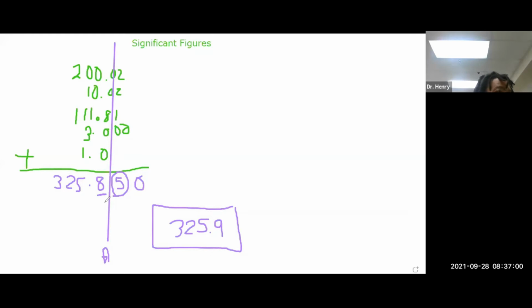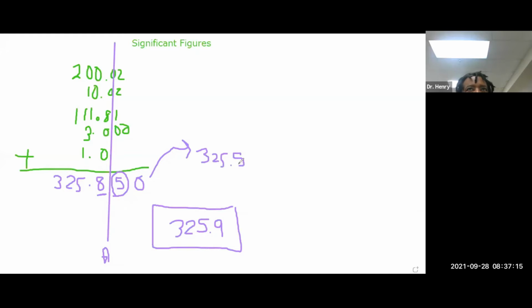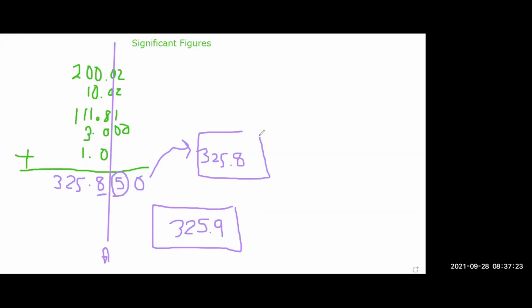You would leave it alone. I would leave it alone. So then in that case, in this situation, I would get 3.25.8. Okay, so does that make sense? Yes. Okay.